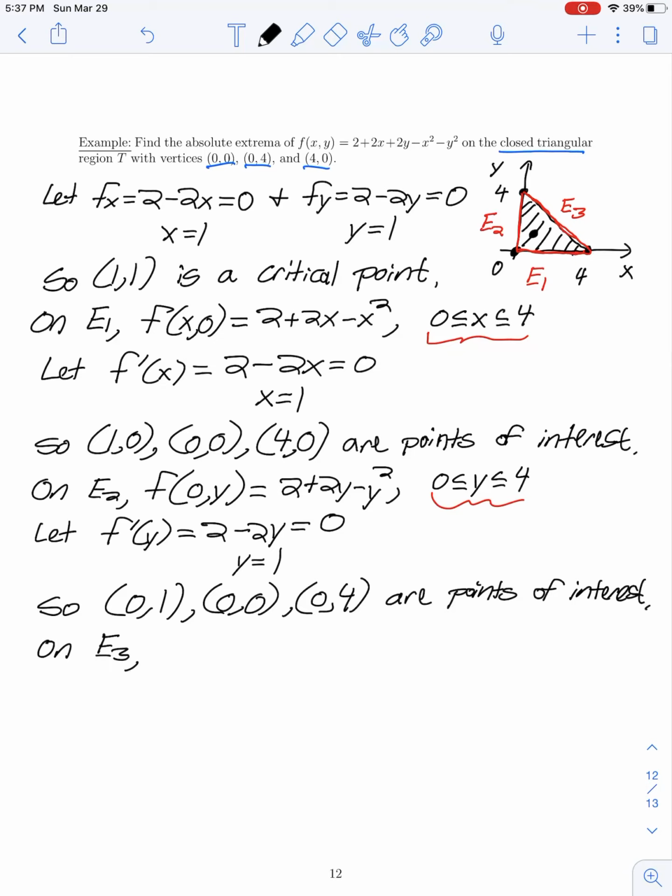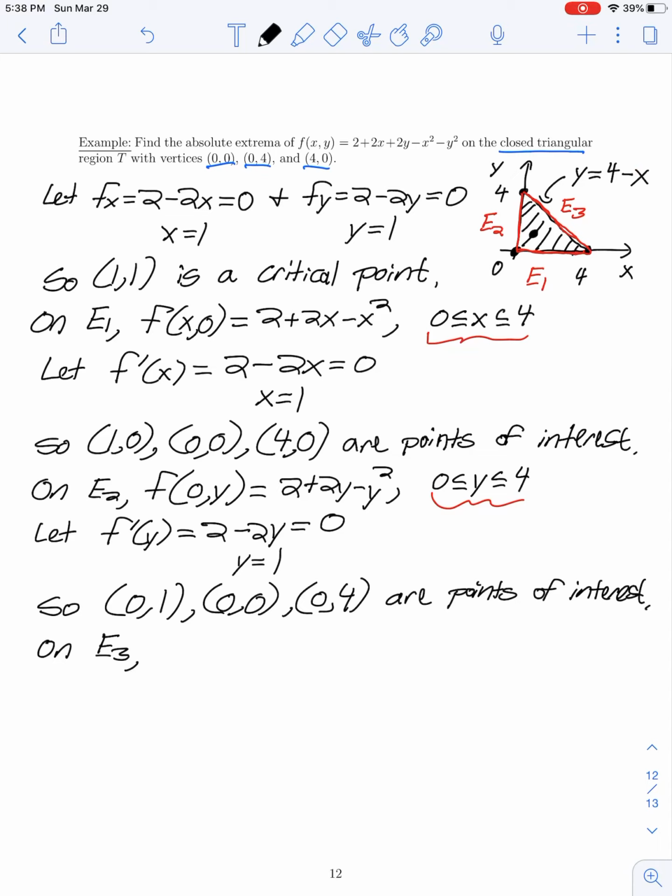on that second edge. So for our last edge, E3, let's think about how the points on that edge are defined. We see that every point on this third edge lies on a line, and the line is passing through 0, 4, and 4, 0.